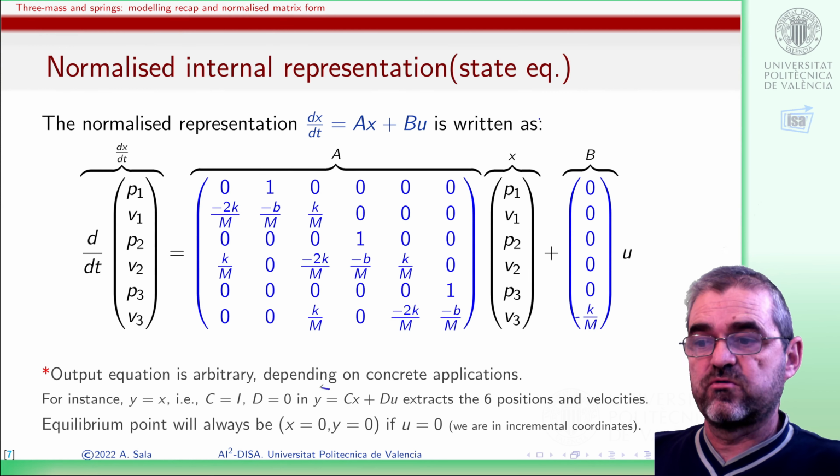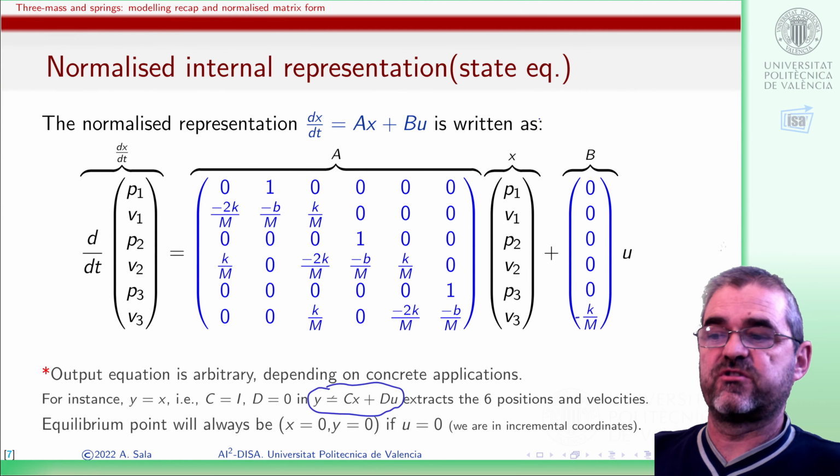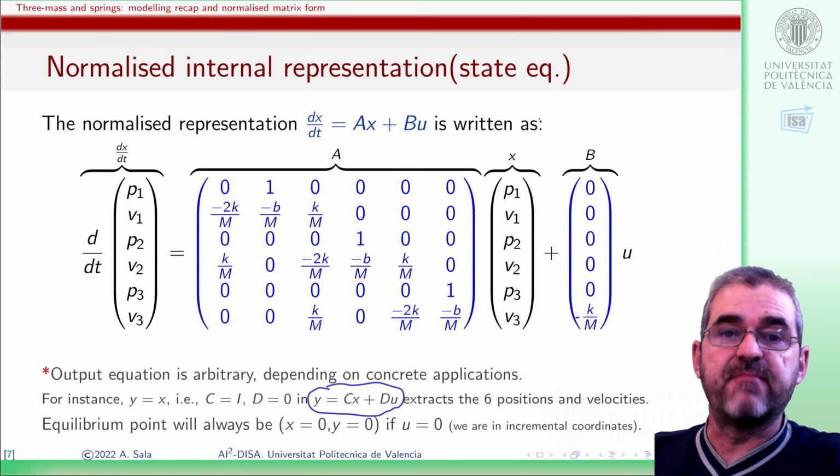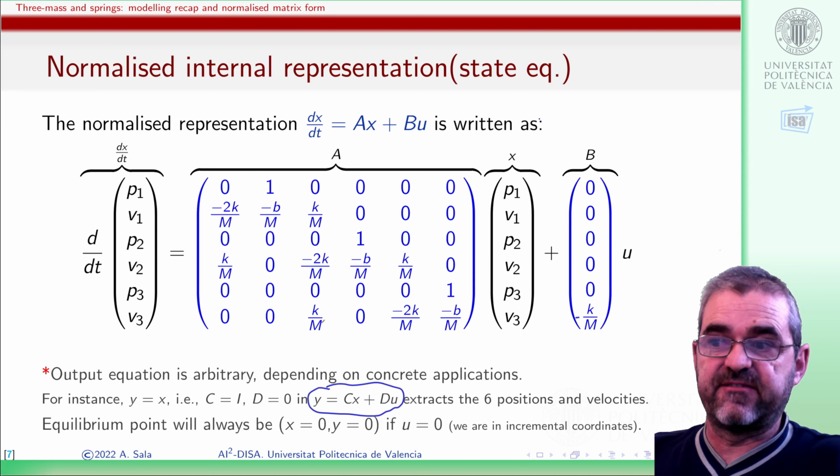Normalized representations also have what's called output equations, y equals Cx plus Du. So what's the output? Well, it depends on each application. I might be interested in the vibrations of mass 1, on the force of spring 4, or whatever.